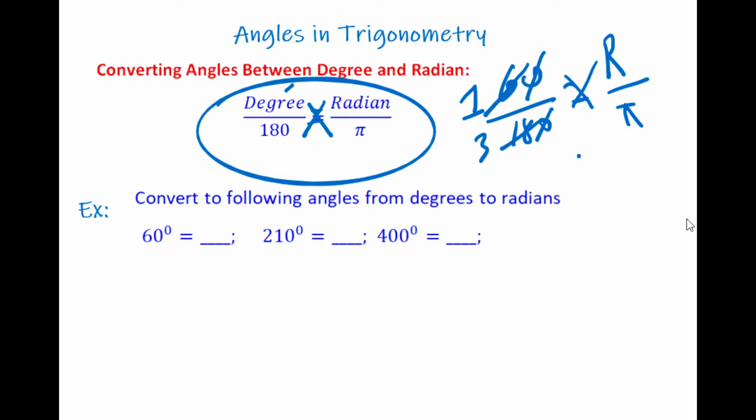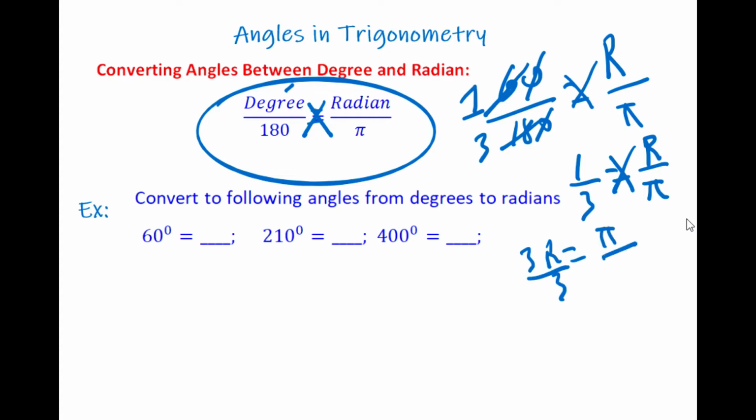So we have 1 divided by 3, which is r divided by pi. Now if we apply the cross multiplication, we have r times 3, which is 3r. 3r is 1 times pi, which is pi. Divide both sides by 3 to leave r alone, which is radian. So r is pi divided by 3, guys. In other words, 60 degree means pi divided by 3.